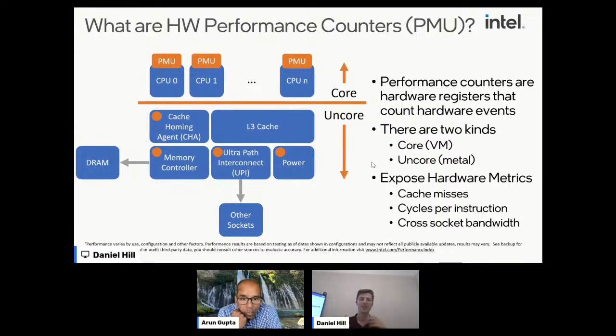Once you get to the L3, you can still learn some about your L3 in the core, but if you really want a bunch of those details, or what's going across socket or going to your DRAM, stuff like that, or what your power is looking like, you'll need uncore for that. But you can get a lot of analysis, especially with Sapphire Rapids. They added some new registers, so you can do even more with the core PMUs.